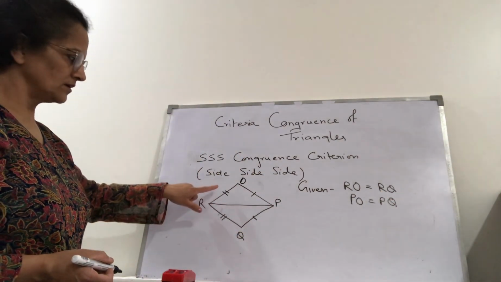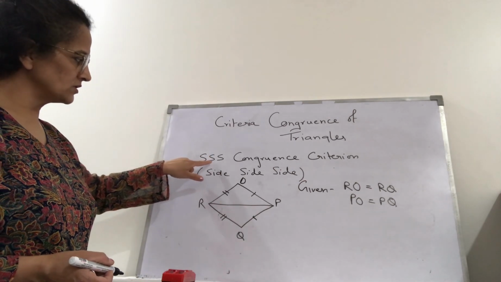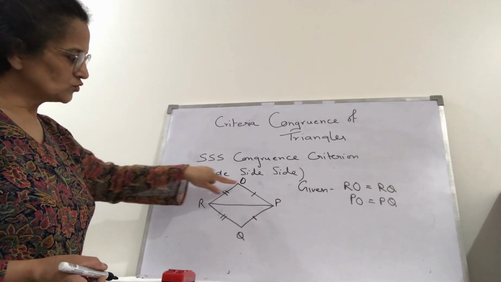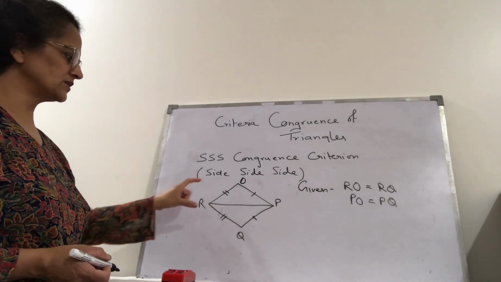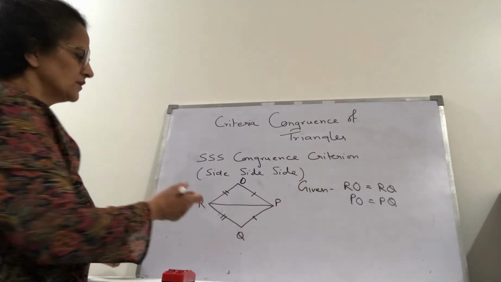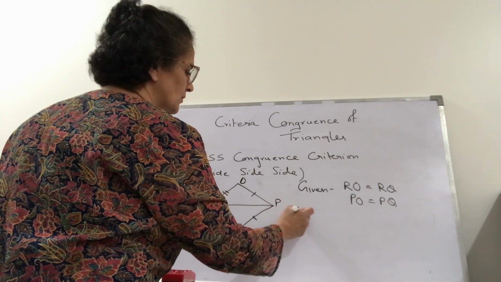Now we have to talk about three sides. Two sides they have already given, and then they are asking us to prove the congruency. So let's write, to prove.